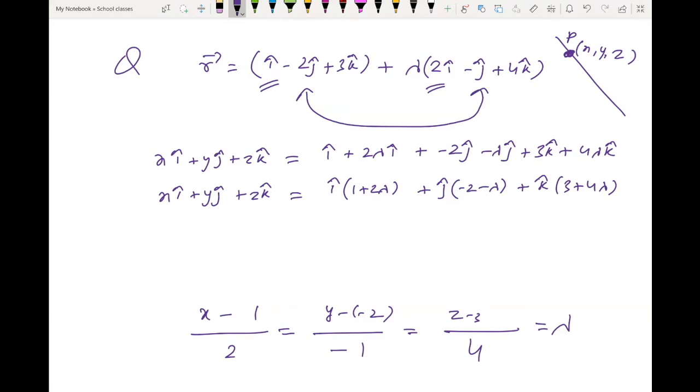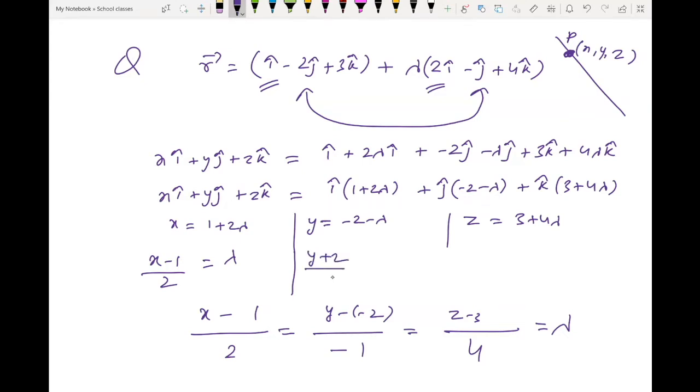Now you can just compare the coefficient of i, the coefficient of j, and the coefficient of k. Here it is z and here it is 3 plus 4 lambda. You just try to find the value of lambda from here. It will be x minus 1 divided by 2, isn't it? This will be y plus 2 equals minus lambda.